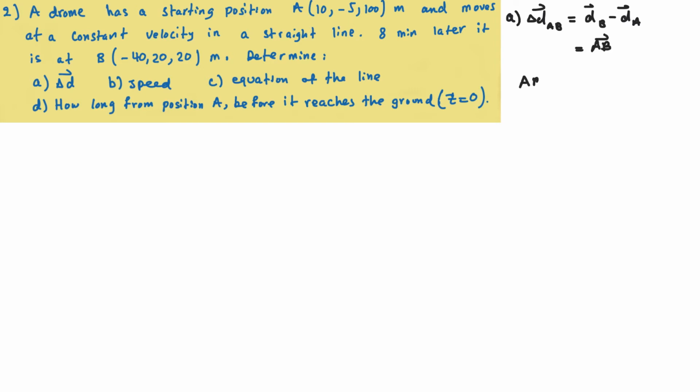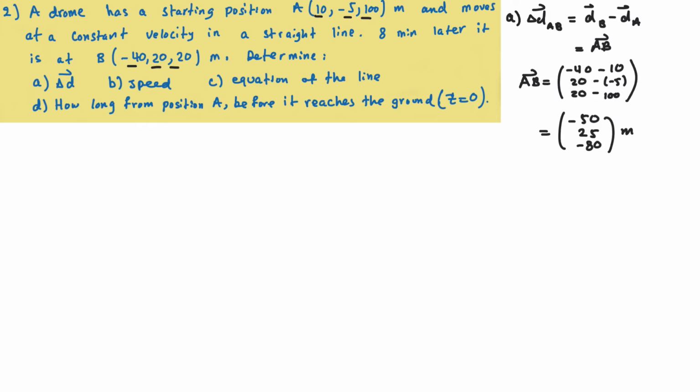To find vector AB, we are going to take the coordinates of point B, so those are negative 40, 20, and 20, and subtract the coordinates of point A, so those are 10, negative 5, and 100. And this will give us negative 50, 25, and negative 80 as our displacement, and this is in meters.